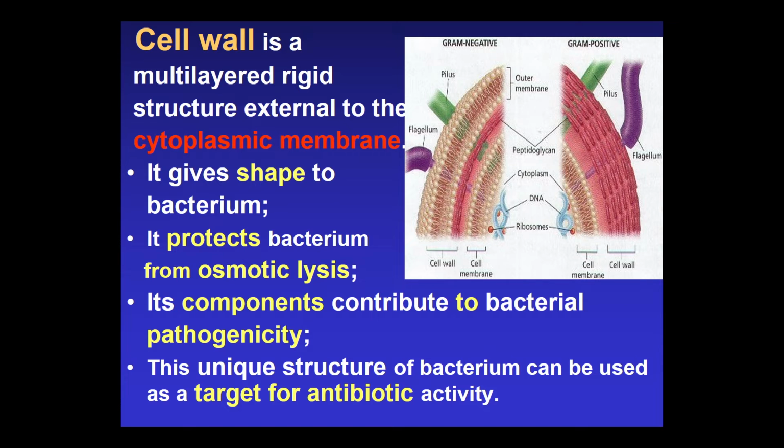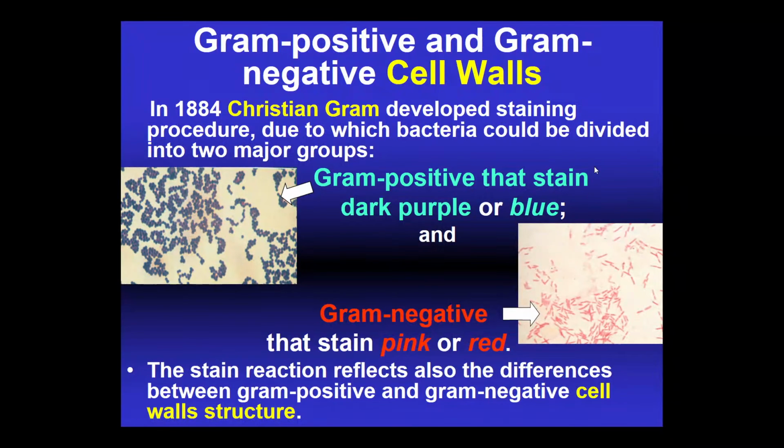And some components of the peptidoglycan may interfere with the human body to cause disease and help bacteria to cause infection in the body. And because this part of the bacterial cell is of utmost importance, it also can be affected by some groups of antibiotics.